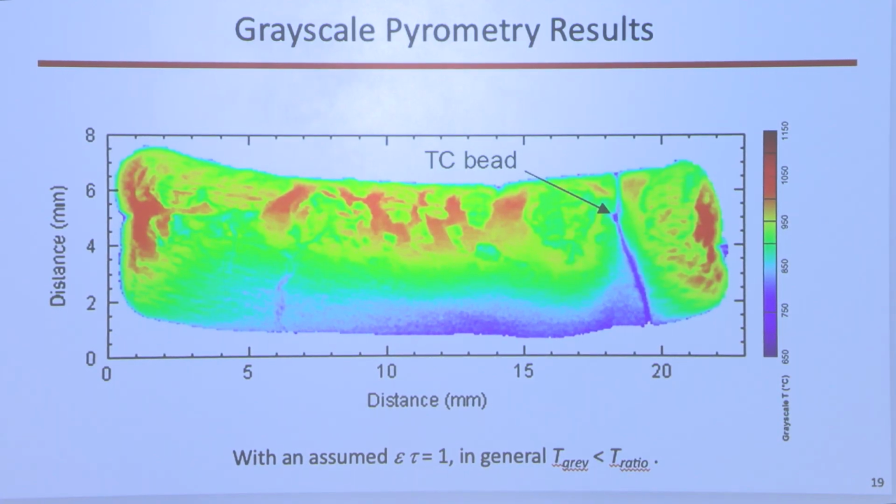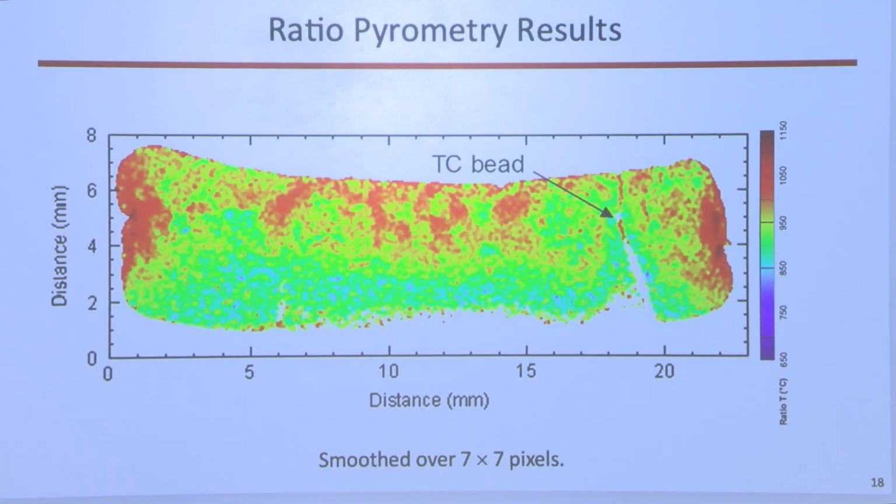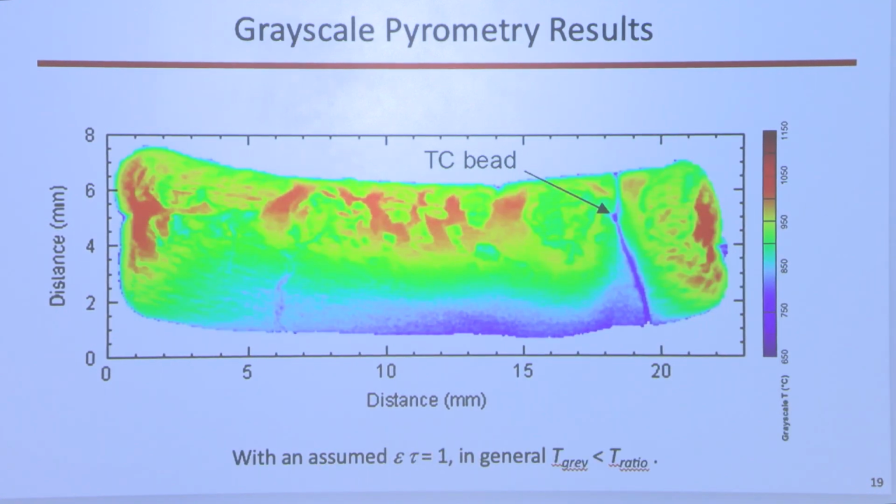That's the kind of measurement you want: excellent temporal resolution, spatial resolution, and precision. Your intensities go from 0 up to 2 raised to the 14th power, and each one maps to a different temperature. So if I rock back and forth between the ratio pyrometry, all grainy, and the grayscale pyrometry, nice and smooth, it makes you wonder, is there a way to get the best of both?